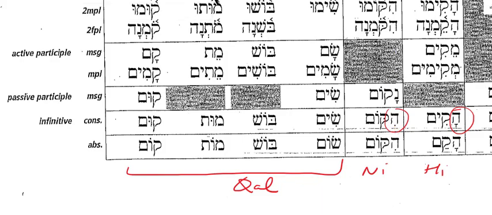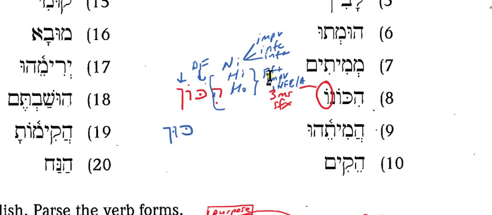So actually, we're going to be able to do just a little bit more here. Technically, in form, hikkon could be the nifal imperative 2MS, the nifal infinitive construct, or the infinitive absolute. Okay, that's just hikkon all by itself.